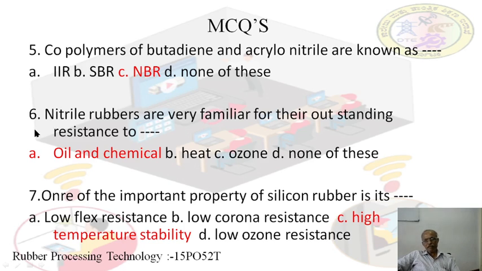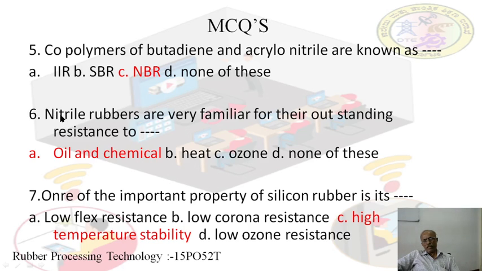Sixth question: nitrile rubbers are very familiar for their outstanding resistance to dash. Options: A, oil and chemical; B, heat; C, ozone; D, none of these.